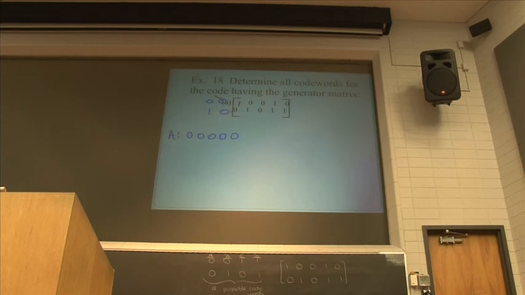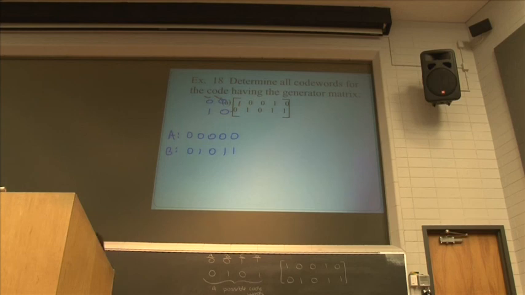So we won't use the top row, which only leaves us with the bottom. So for code word B, after you use the generator matrix, it's just the bottom row. 0, 1, 0, 1, 1. Okay. Next one. Code word C. Our digits are 1, 0.